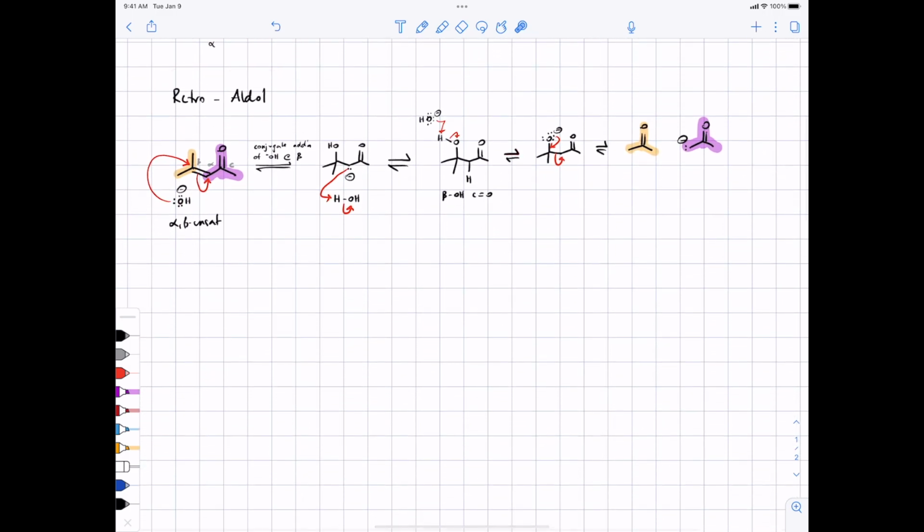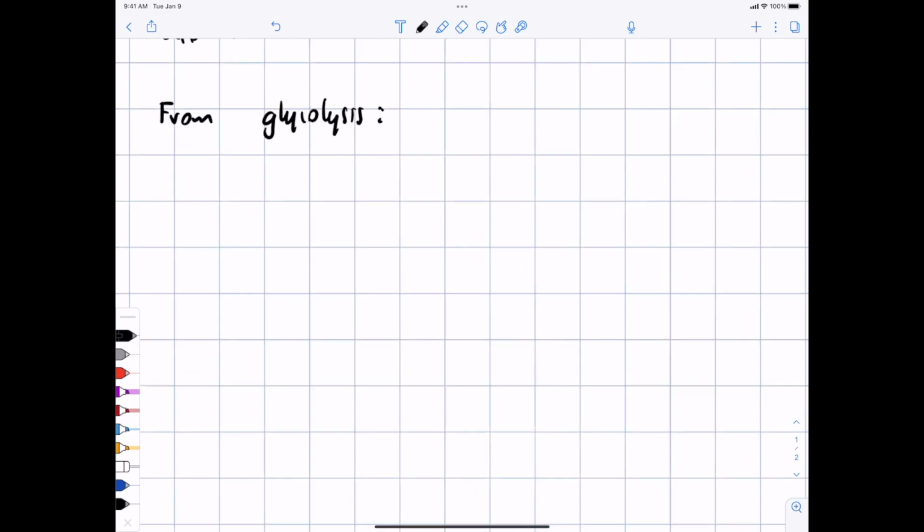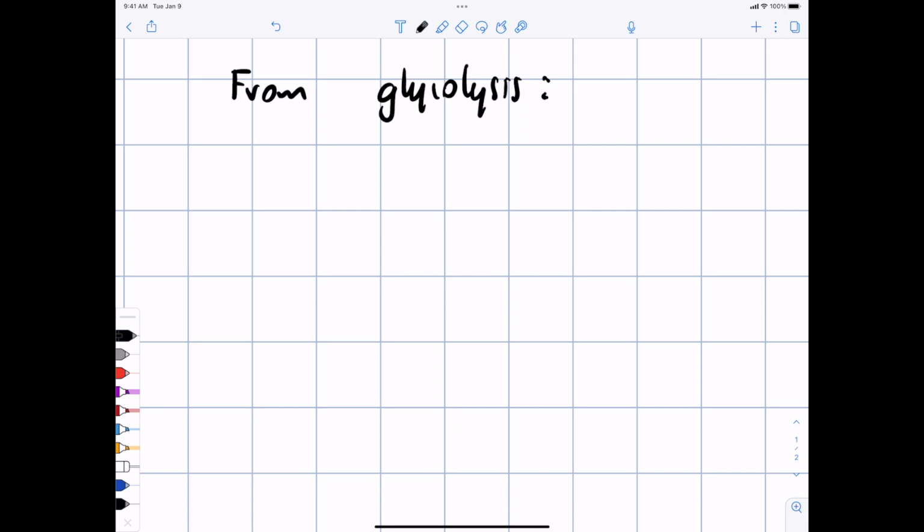I'll show you a biological example of a retroaldol reaction a little bit later. Why not? Let's do it now. So this is from glycolysis, which is a metabolic series of reactions that breaks glucose down into something that can go to the citric acid cycle.